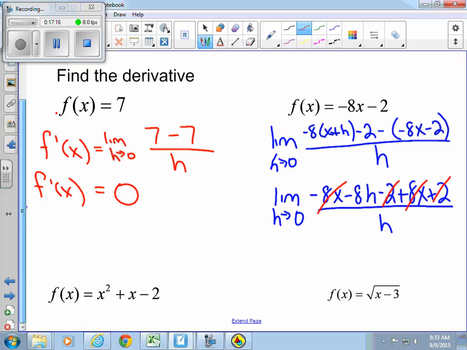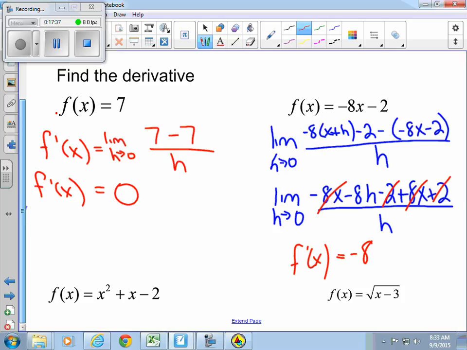Negative 8h divided by h is... I know it's like we've just changed the world, right? Of course we got negative 8. At this point, I hope you're going, well, why would we do this? It just gives you a slope. So the derivative is negative 8.